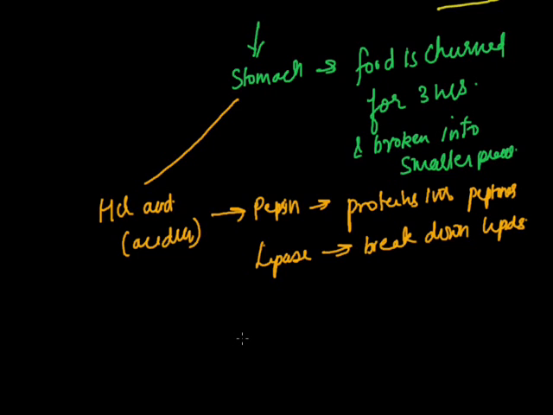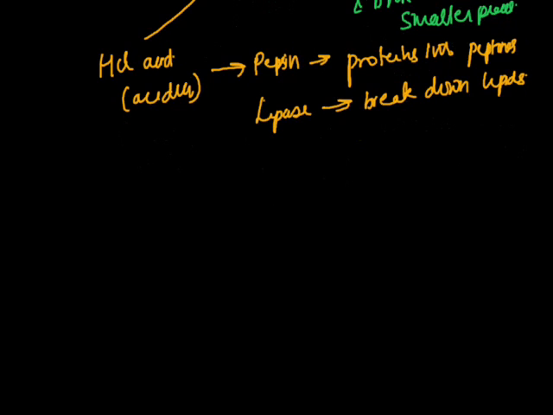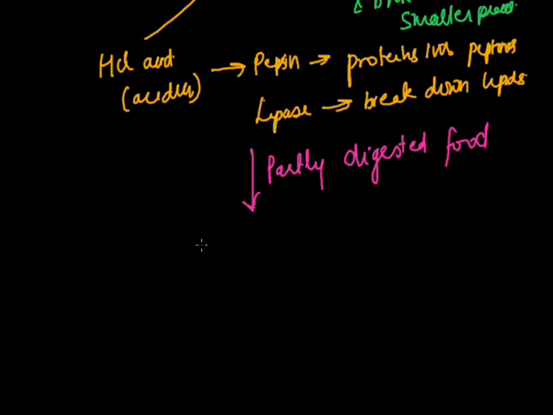Now, secretion of gastric juice is actually stimulated by the sight, smell or thought of food. Now, after this, partly digested food will move to the small intestine, and the first portion of this small intestine will be the duodenum.